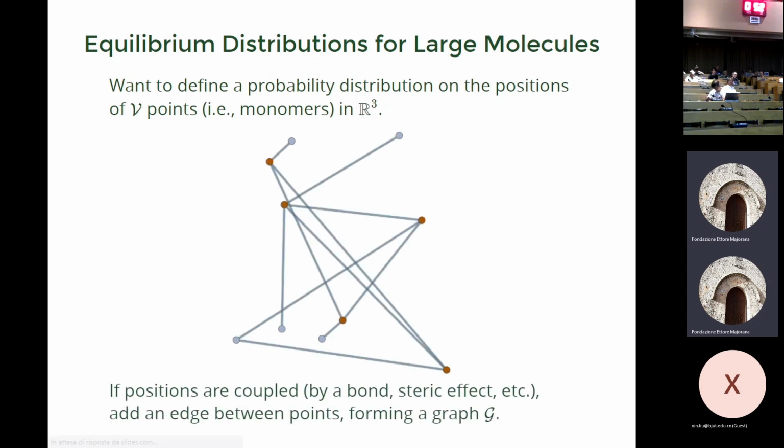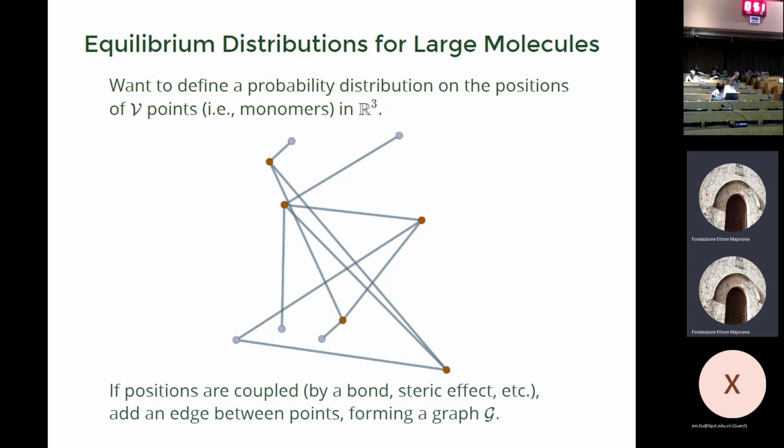Now, of course, your monomers are interacting with each other. There's chemical bonds between adjacent monomers along the polymer chain. There's some sort of steric effects, the chain can't pass through itself. There's maybe different types of bonds, then weak bonds or whatever. So there's interactions between these things.